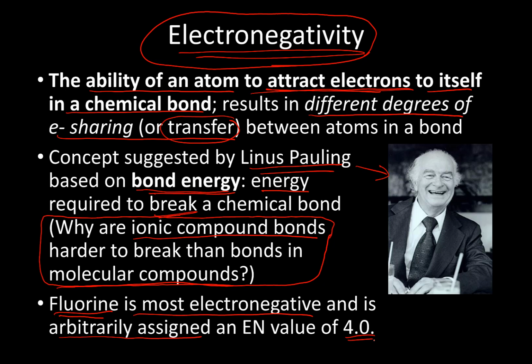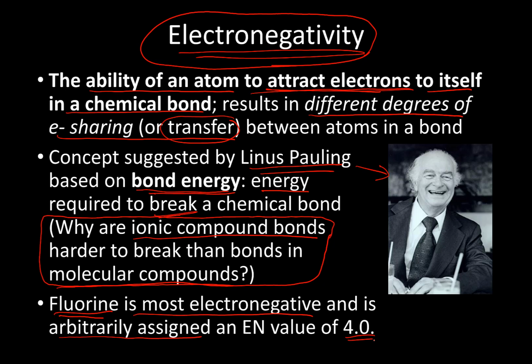The reason it was given a value of 4 is because some of the least electronegative atoms on the periodic table end up with electronegativity values that are greater than 0. So if fluorine was assigned a value of 2, for example, the least electronegative atom on the periodic table, which is francium, Fr, in the lower left-hand corner of the periodic table, would actually have a negative electronegativity value.